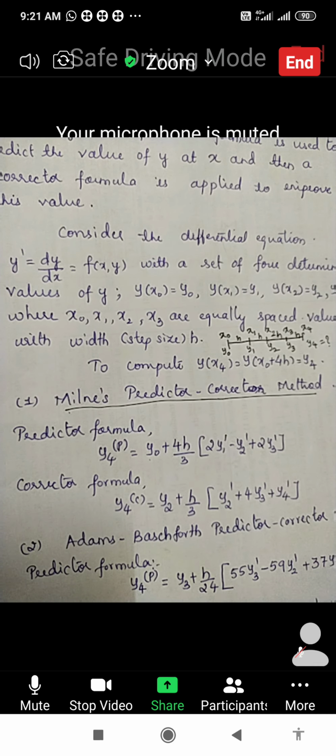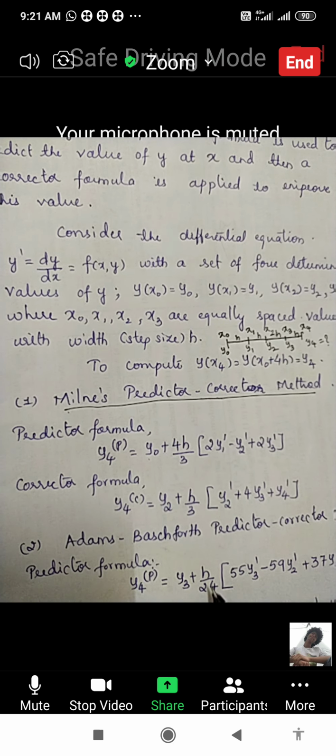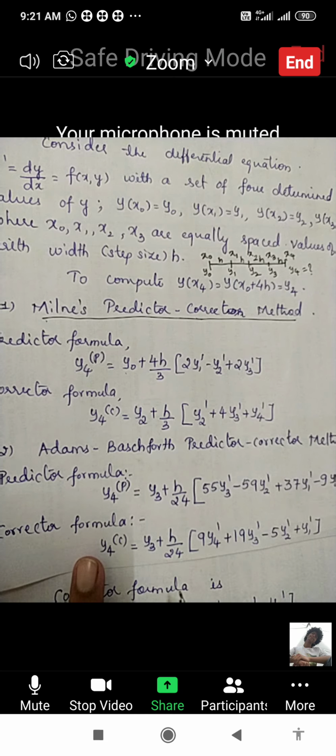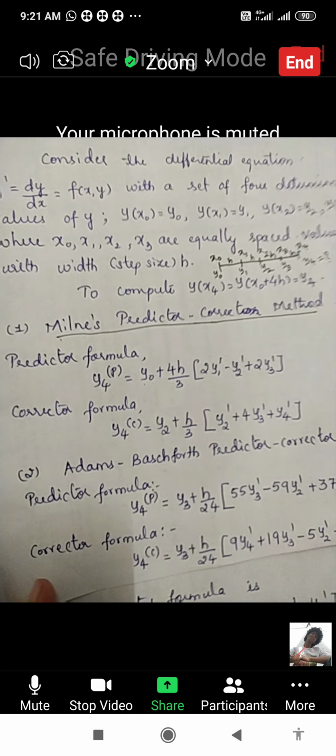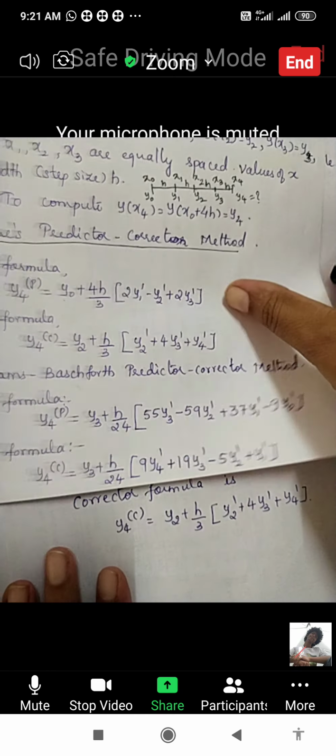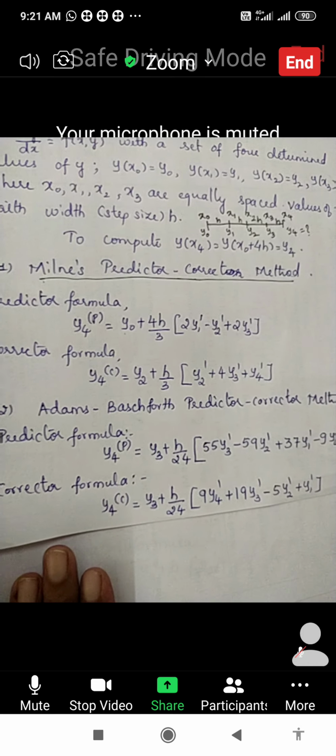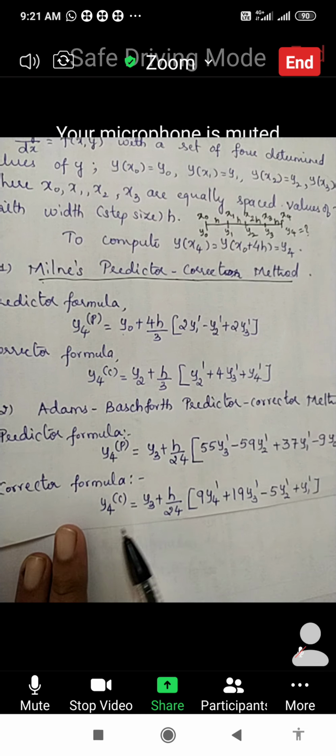Now the corrector formula is y3 plus h by 24.